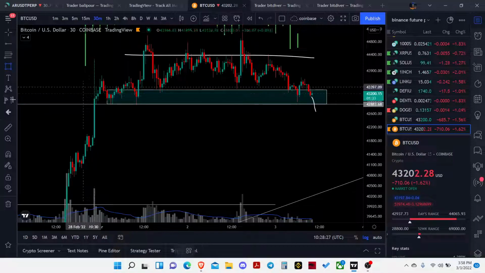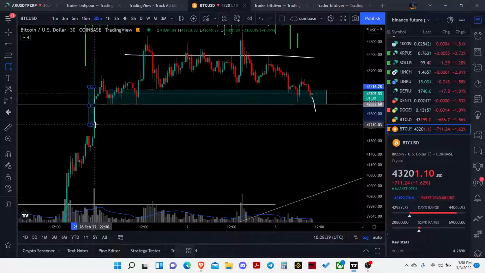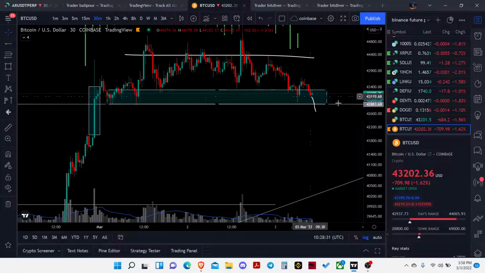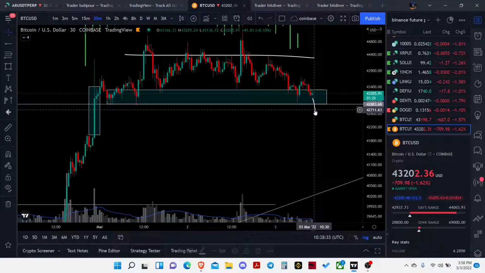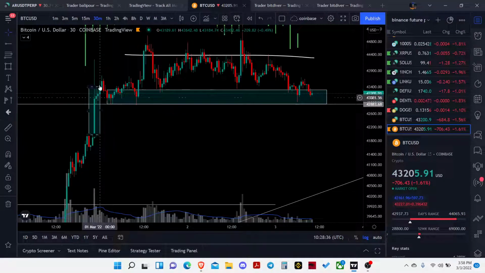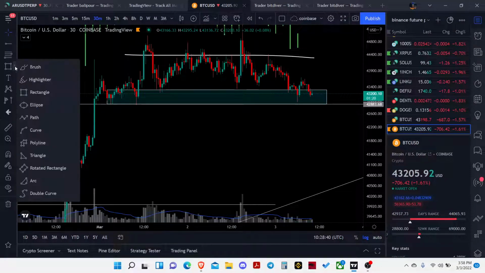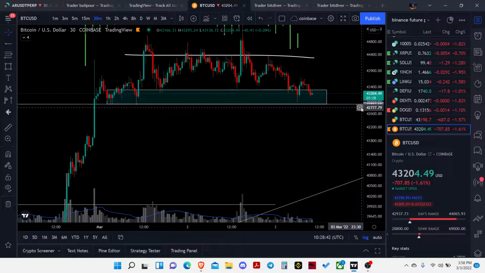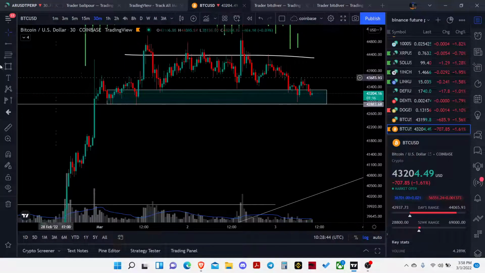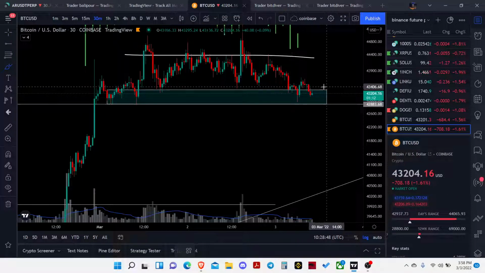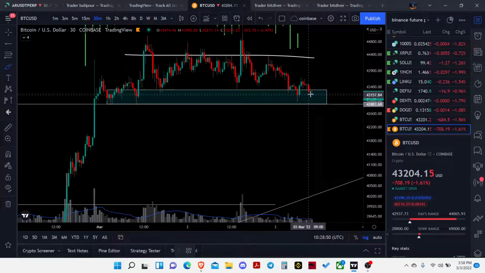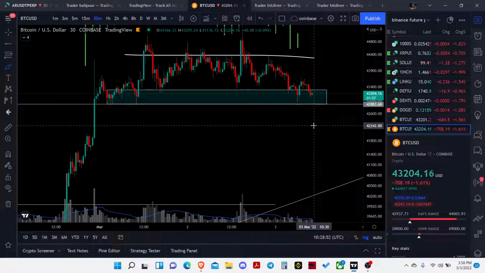A big move makes a break imbalance here, so I would expect a big move to the downside once it breaks, because this is a liquidity void. So I'm waiting for that moment. I'm going to set a price alert at this area, and once it breaks, I will look for the confluence.